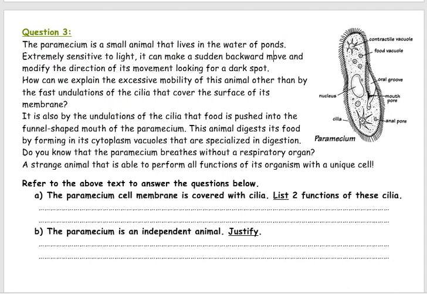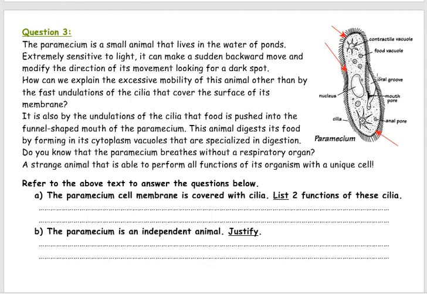The paramecium cell membrane is covered with cilia. Let's first look for the membrane. So here is the membrane of this organism, of this living thing. And as you can see, the membrane is covered with small hair called cilia.